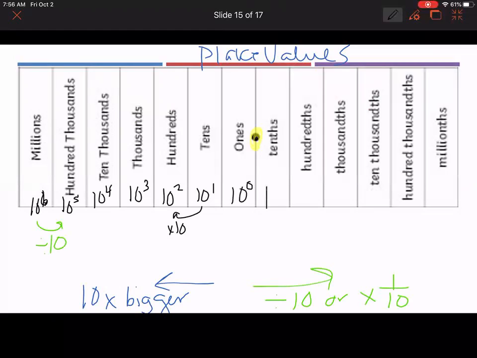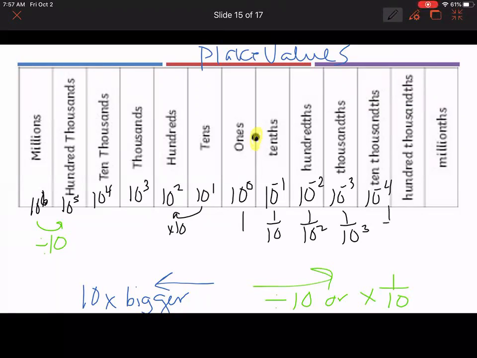And likewise, we keep that pattern going: 10 to the -1, 10 to the -2, 10 to the -3, 10 to the -4. And this is where we get this idea of these negative exponents: 1/10 squared, this 1/10 or dividing by 10, 1/10 to the fourth, 10 to the -5, 10 to the -6.